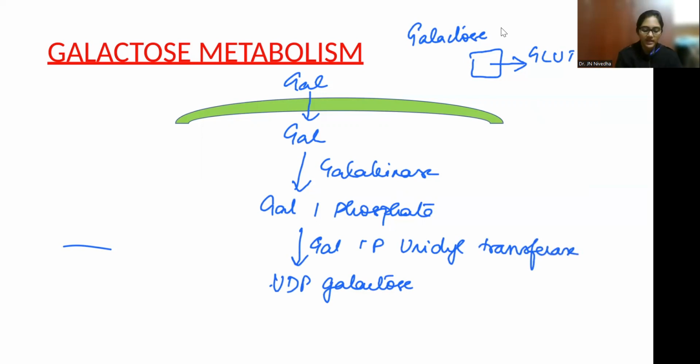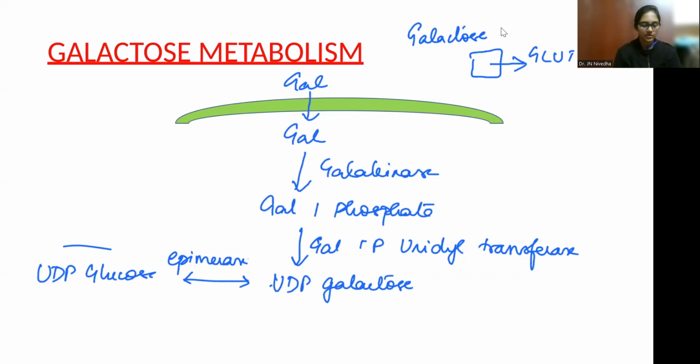Now there is one more enzyme, epimerase, which epimerizes UDP galactose to UDP glucose. As long as you take an adequate diet, glucose gets converted to UDP glucose, and UDP glucose can form UDP galactose.